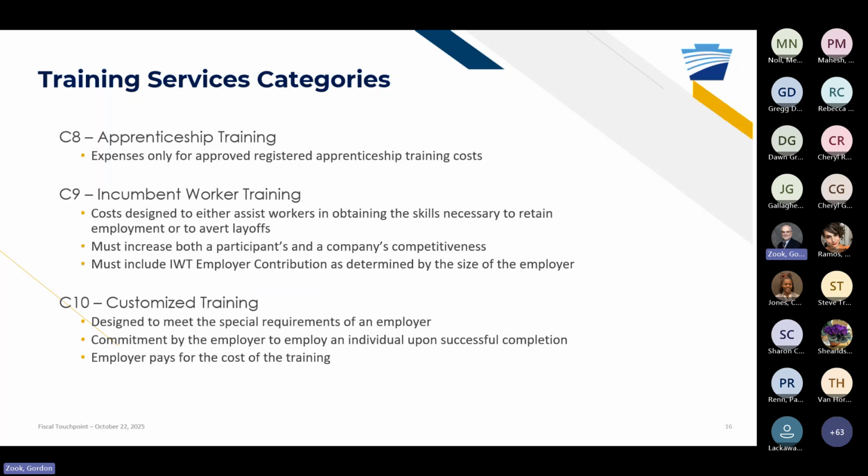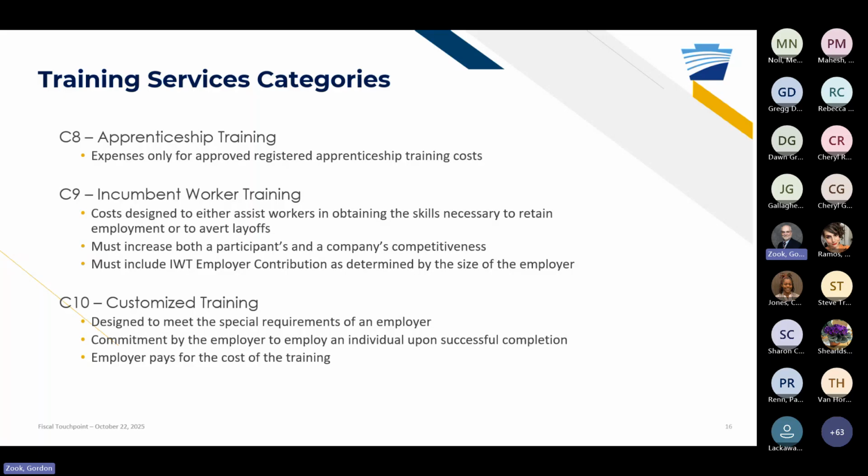C8 is apprenticeship training. This is only going to be used when you have approved registered apprenticeship training costs, so it's specifically related to those apprenticeship programs. C9 is incumbent worker training.